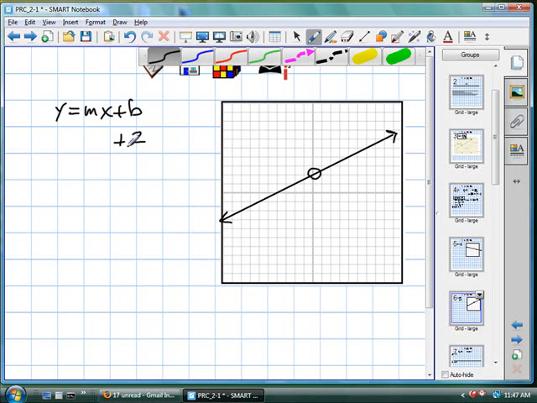Sorry, what I'm going to have to do is use the base grid underneath it. I will next time. So what you want to do is find another crossing point. On my graph, I can see that this is crossing the x-axis right there, and I can see that that's 1, 2, 3, 4 to the left, and it's also 2 down.